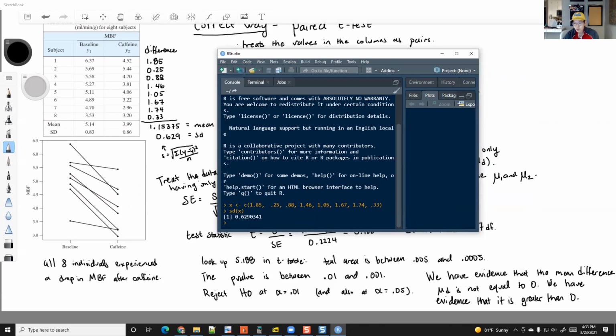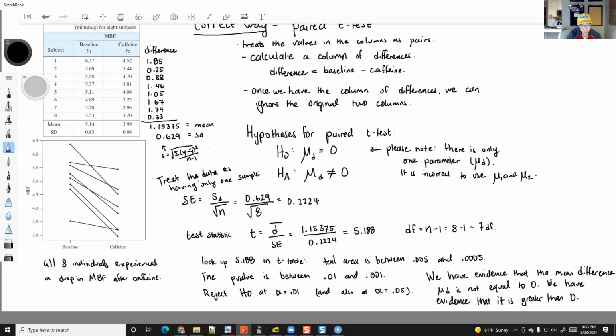You calculate the mean, you subtract the mean off of every number, you square those numbers, you add them up, divide by n minus 1. So you can use R to calculate the standard deviation there. Does that make sense?